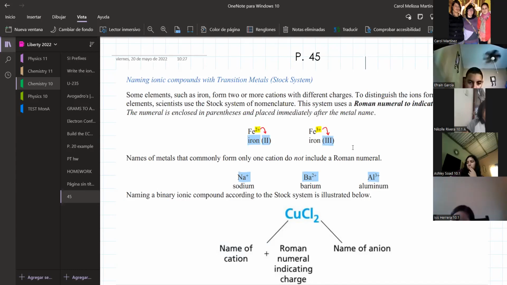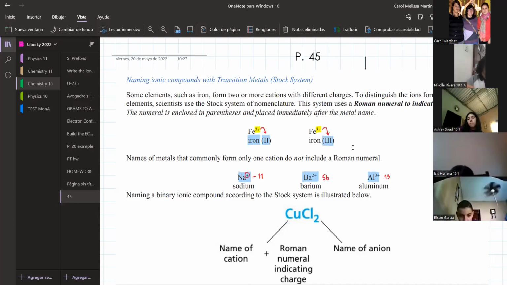look for them, okay? Sodium is number 11, barium is number 56, and aluminum is, I think, 13. Look for them in the periodic table, and you will see that the only valence electrons that they have are the ones that they are showing. For sodium it is plus, or just 1.